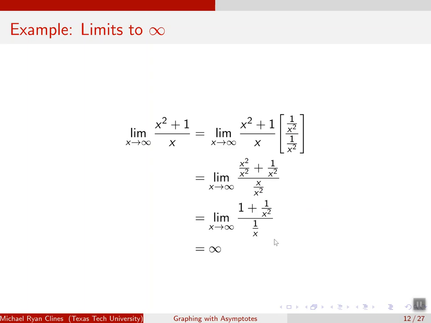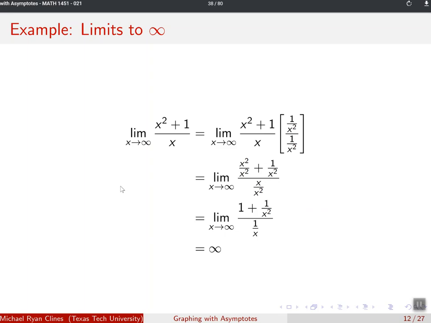That means the whole thing is going to get arbitrarily big, meaning this limit is equal to positive infinity. Just pass the limits into the numerator and the denominator. Ask yourself what happens to all three terms. You'll get a 1 in the numerator, and you converge to 0 in the denominator. And when you converge to 0 in the denominator, the whole thing gets arbitrarily big, resulting in this limit equaling infinity.